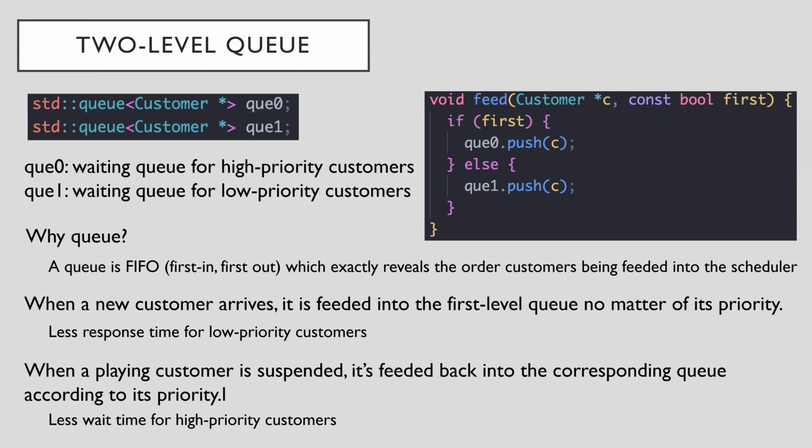When a new customer arrives, it's fed into the first-level queue, no matter its priority. When a playing customer is suspended due to using up one quantum, it's fed back into the queue. This time, whether it is fed into Q0 or Q1 depends on its priority. This is slightly different from the MLFQ scheduler.